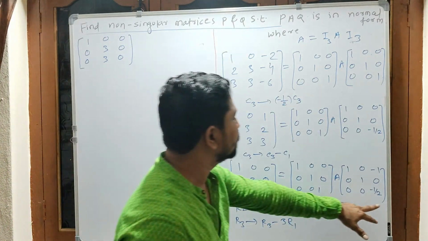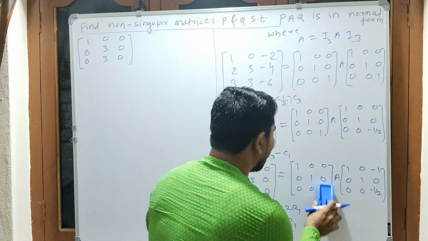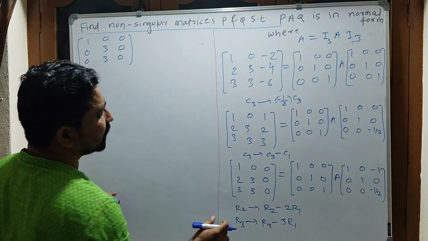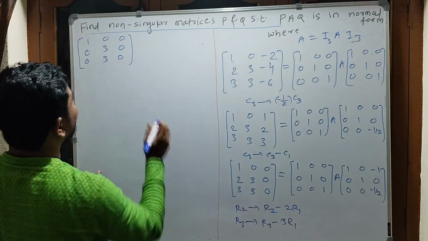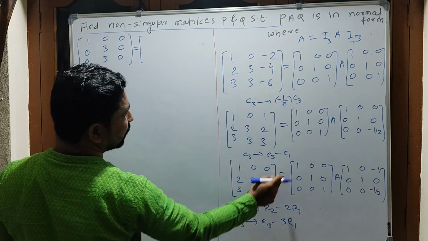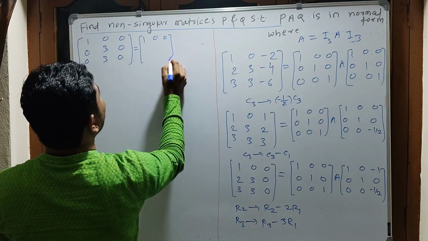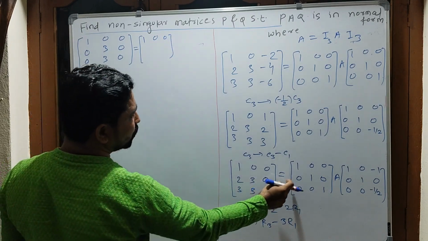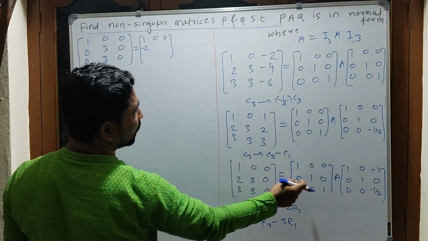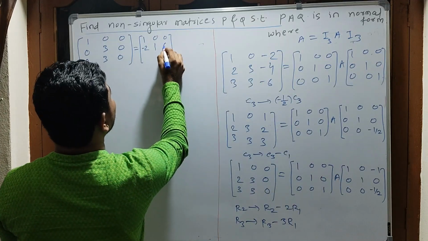So at this time this matrix is as it is, and I have to make changes in this matrix. Here I will write this one as 1. Now tell me the matrix here. First row is as it is 1 0 0. Second row: 0 minus 2 times R1, that is minus 2, here is 1 and here 0 0.